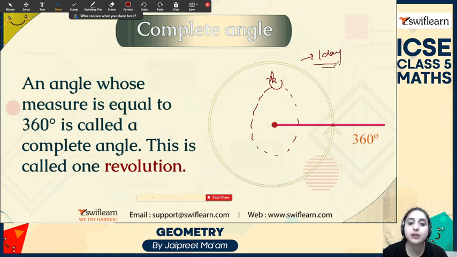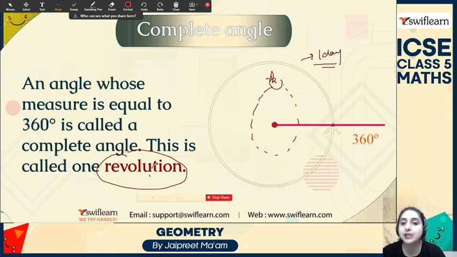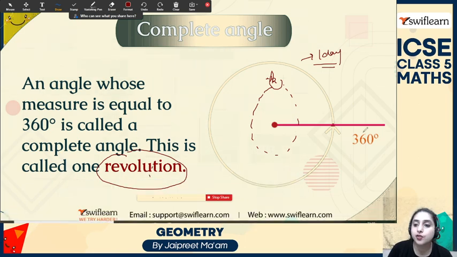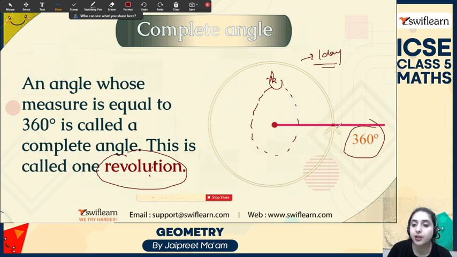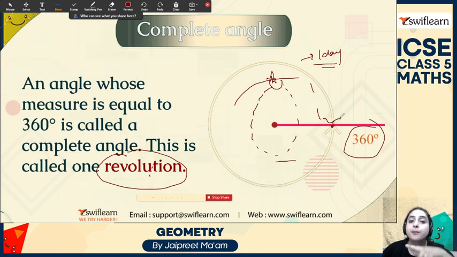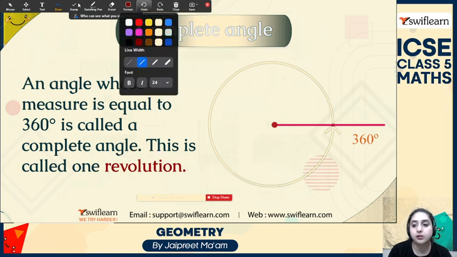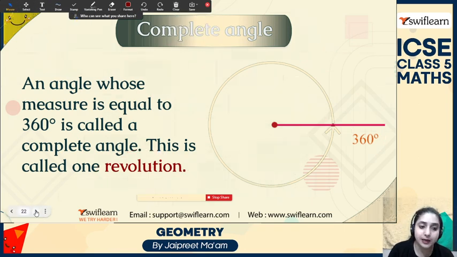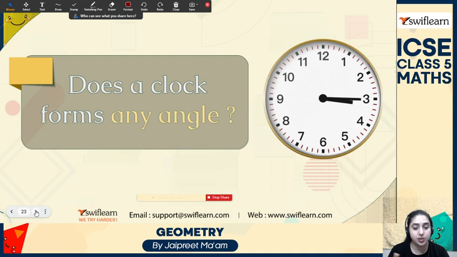So this angle is known as the revolution, one complete revolution, and the measure of this complete angle is 360 degree. For example, if it begins with this and it comes back to this, it's completing one complete revolution. So this is known as the complete angle, and the measure is 360 degree.